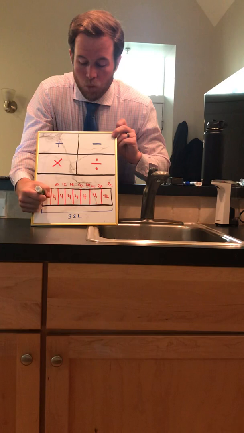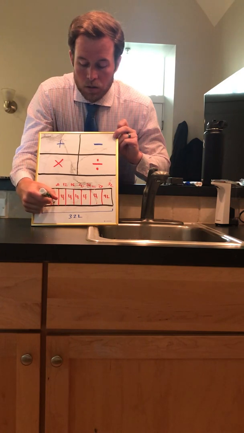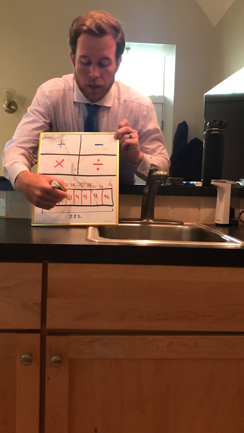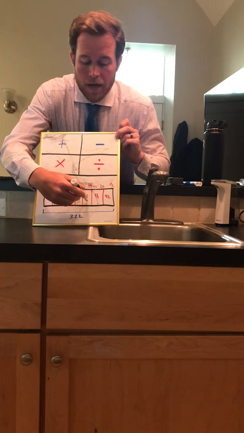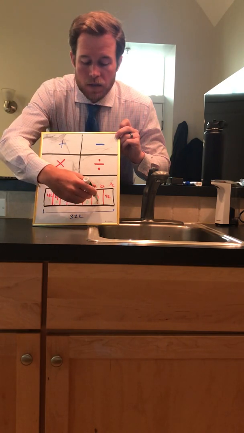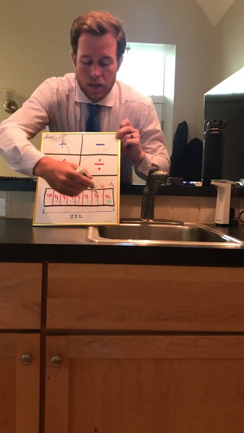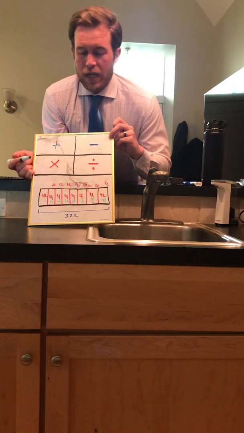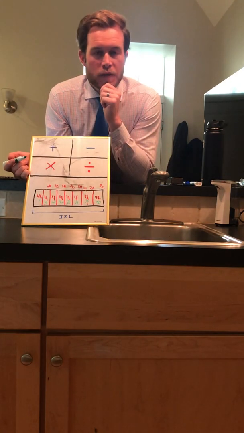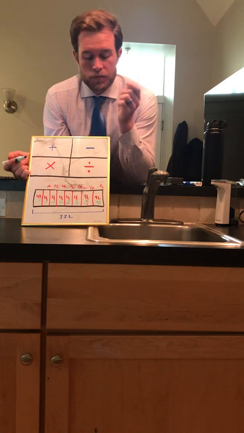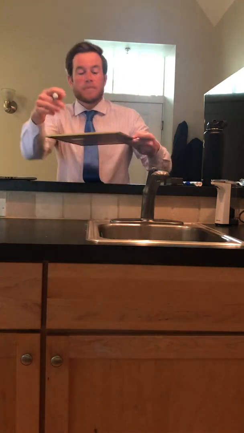So we have 1, 2, 3, 4, 5, 6, 7, and finally 8. Wait a second. What is 32 divided by 4? You got it. It's 8.